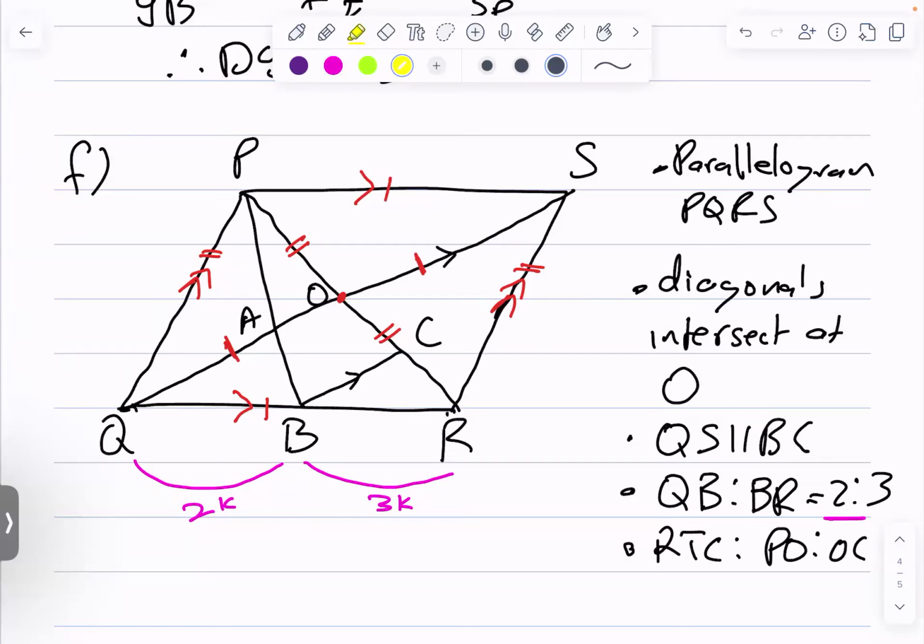Yes, this triangle QOR, QOR, and there's a triangle PBC, even though I didn't use it. PBC.